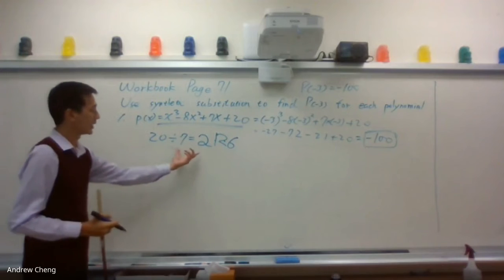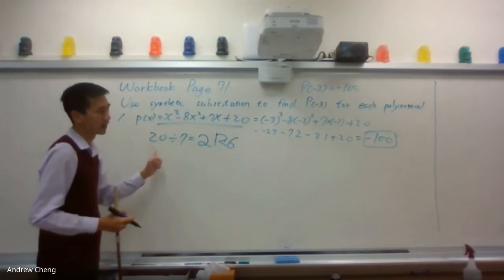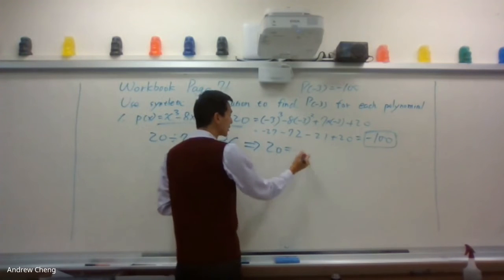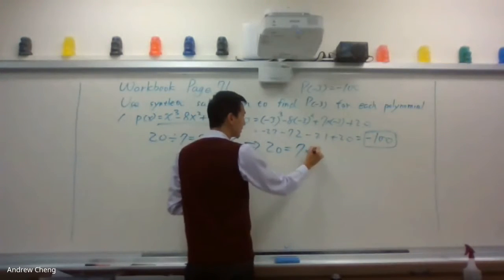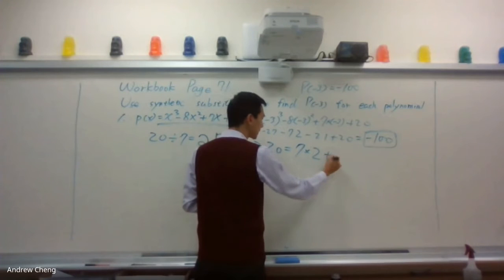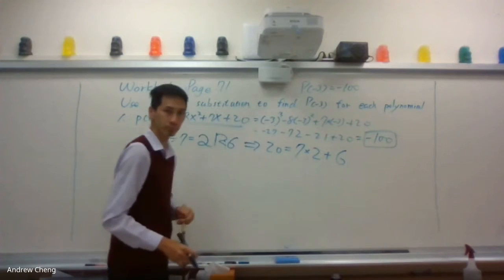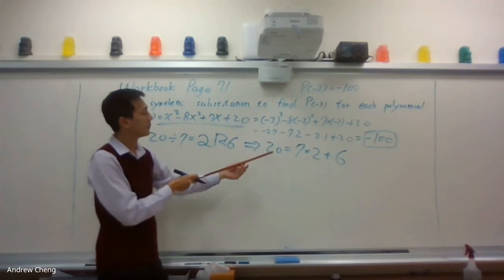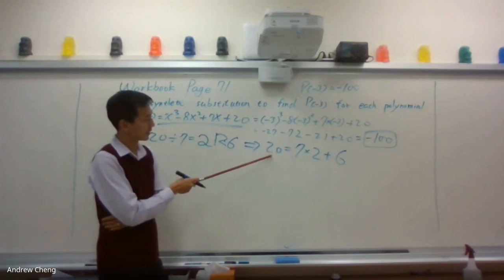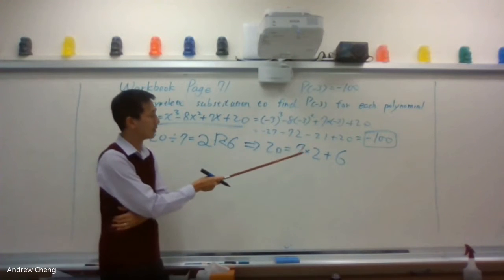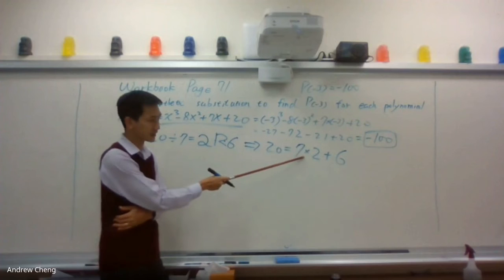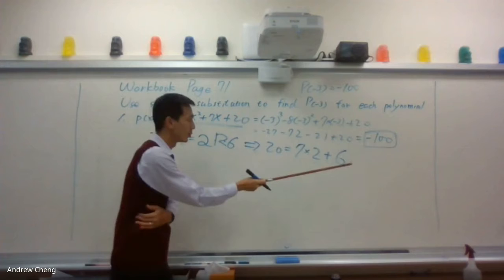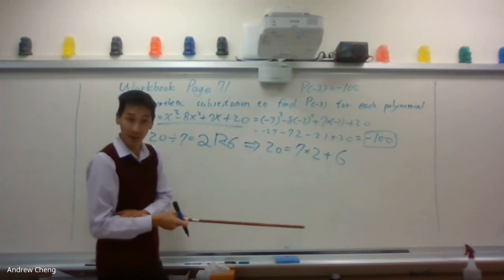If I know this, I can rewrite 20 in another form: 20 equals 7 times 2 plus 6. So what is this? This is the dividend. Dividend equals divisor times quotient plus remainder.